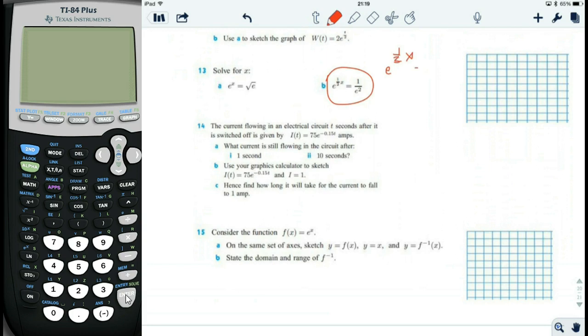What we're trying to do here is get the same base so that we can equate the exponents, right? 1 over e to the 2 is the same thing as e to the negative 2, right? Now that we have the same base, we can equate the exponents. So 1/2 x equals negative 2. And now we multiply both sides by 2, and we get x equals negative 4. So that's the answer. X equals negative 4. Okay.